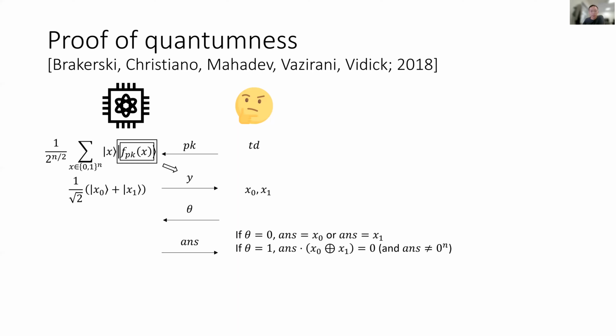And then you can see that for each of the bases, the verifier can classically check whether this measurement outcome is consistent with this state.